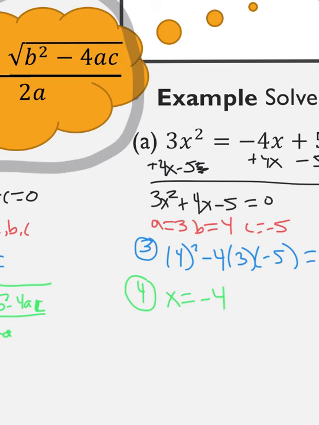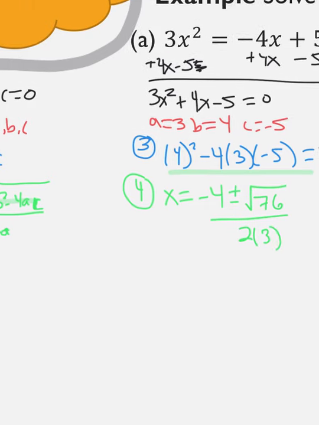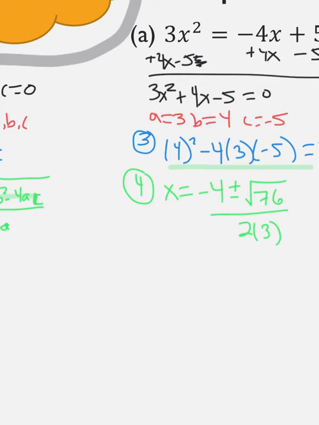Notice the b squared minus 4ac is the stuff under the radical, which we've already found. So we'll have our plus or minus the square root of 76, all divided by 2, times a, which is 3.